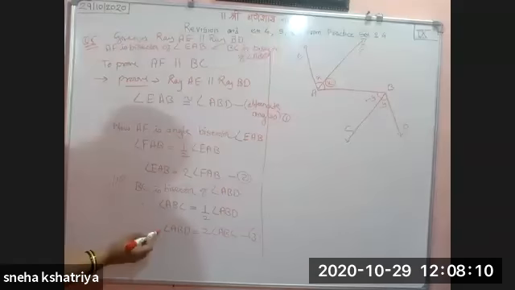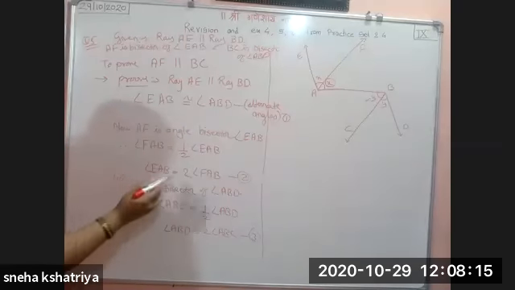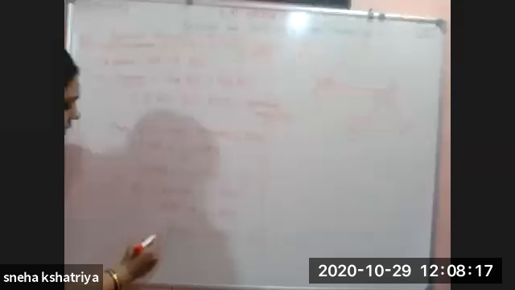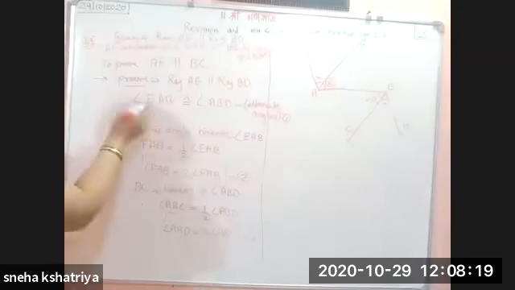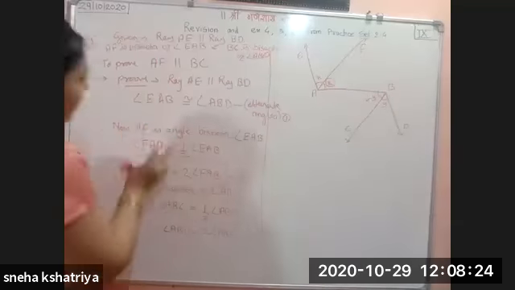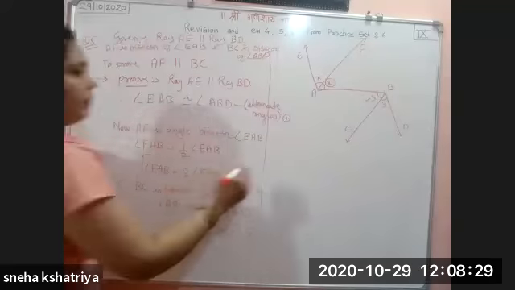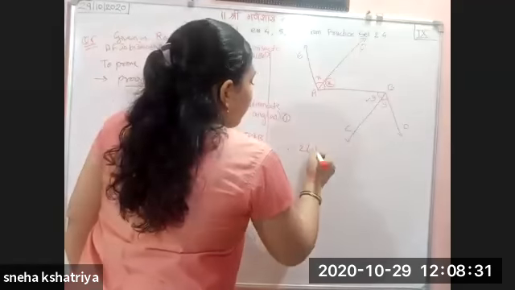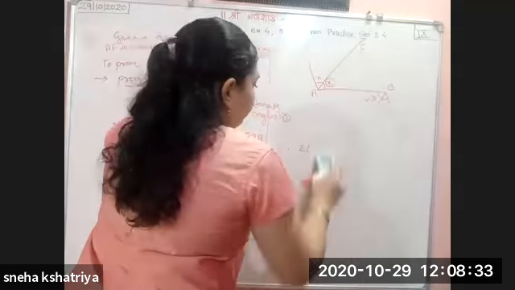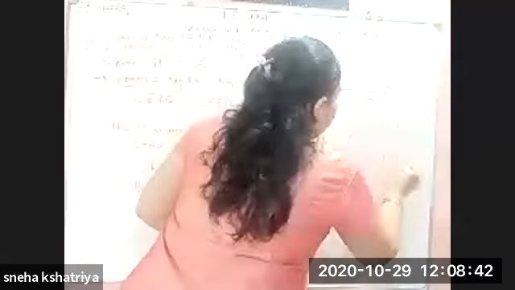Put the value of EAB and ABD in equation number 1. These two values, EAB and ABD, put in equation 1. Therefore, we get EAB is congruent to ABD, so twice angle FAB is congruent to twice angle ABC.